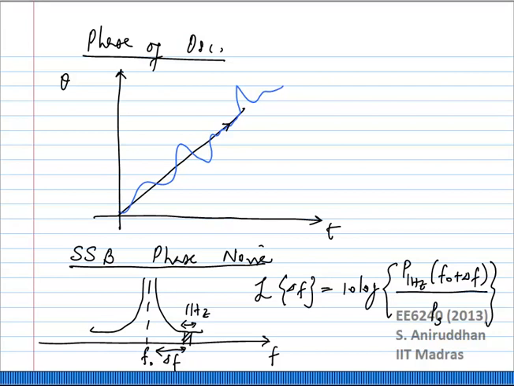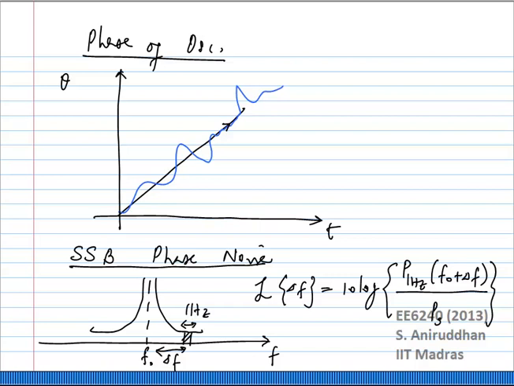So this is how you represent the single sideband phase noise of an oscillator. The lower the noise, the lower this quantity, the better the oscillator, right? If I take the same oscillator and I have larger signal power, this automatically means that the phase noise is lower, because you are comparing the noise power to the signal power.